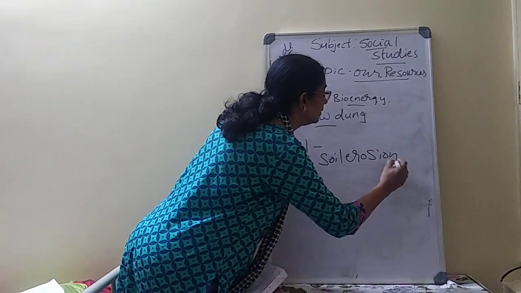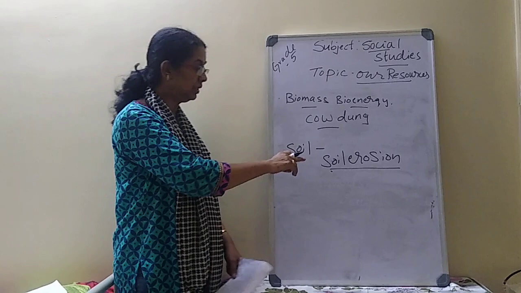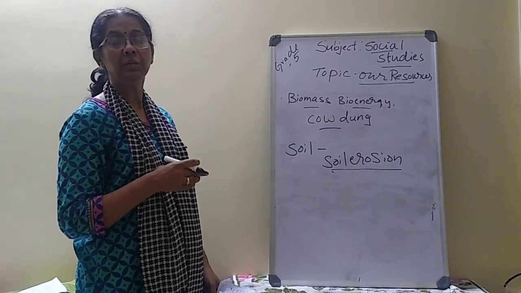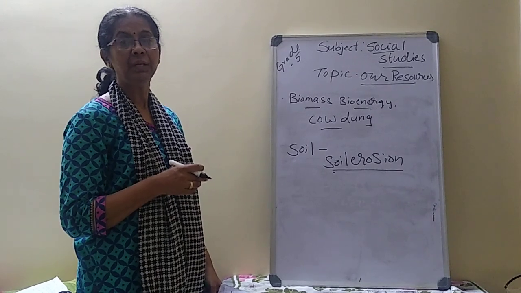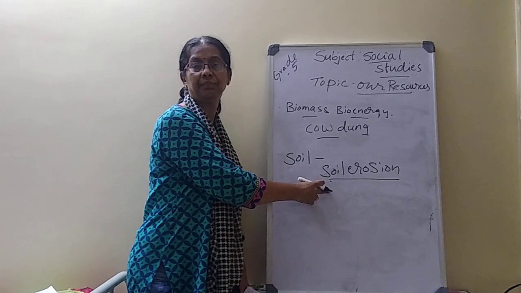I'll repeat again, children. The topmost layer of the soil, when blown or washed away by wind or rain, is known as soil erosion.